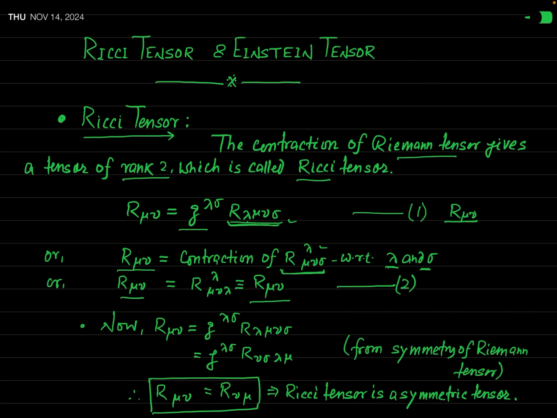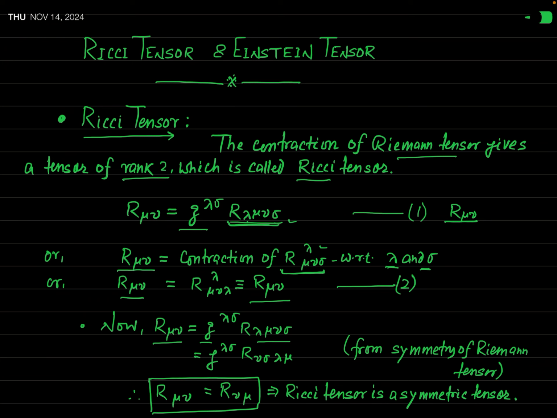Now this Ricci tensor is a symmetric tensor, and you can easily prove its symmetry property. You know that this R mu nu can be written as the inner product of the fundamental tensor g lambda sigma times R lambda mu nu sigma.